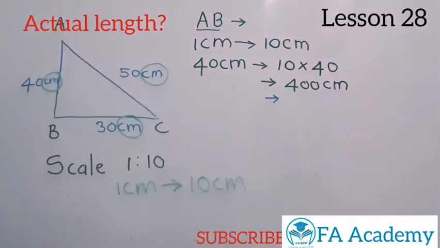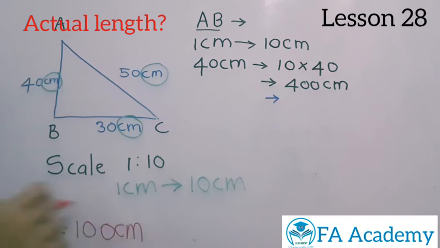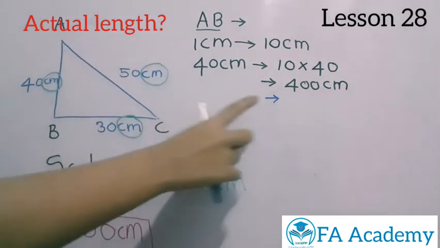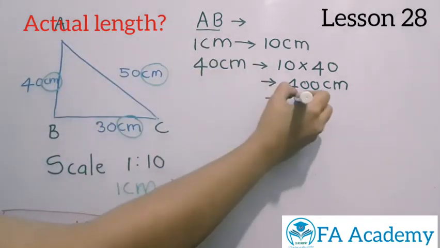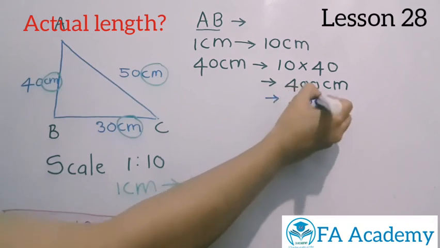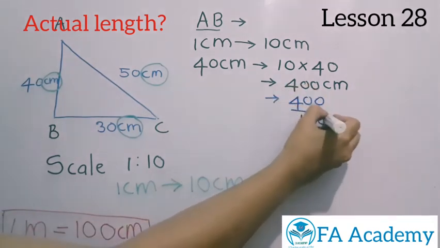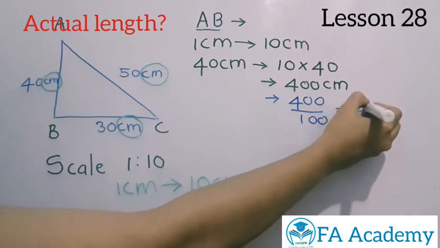You know, I told you an important thing that you have to remember. What? 1 meter is equal to 100 centimeters. It's exactly equal. Okay, so 1 meter equals 100 centimeters. Then what will happen? If you have 400 centimeters, you have to divide it by 100 to convert it to meters. Divide it by 100, then you get 4 meters.